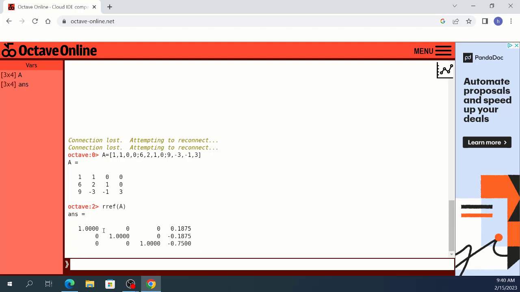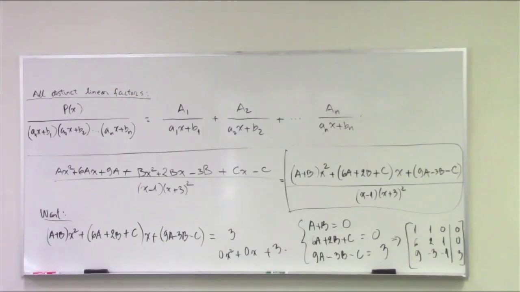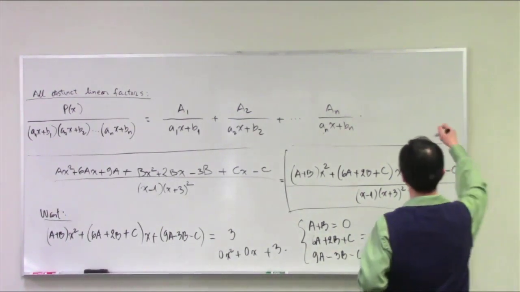But remember, the first column here is for the A coefficient, right? Second column is for the B, and the last column is for the C right here. So let me write it on the board here. Okay. So back on the board, what I'll have with my marker is the way that final matrix looks.